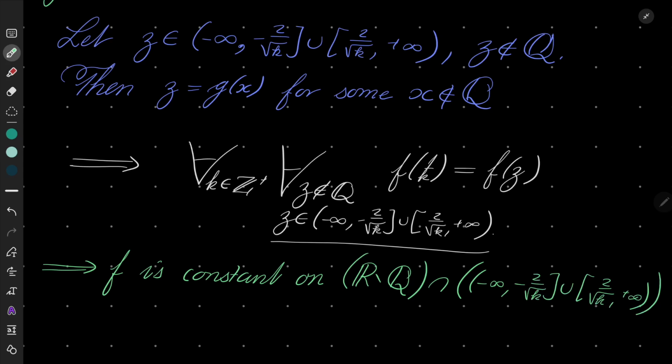And these intervals, if you think about them, are getting closer and closer to 0. This end gets closer to 0 from the left hand side, and this end also gets closer and closer to 0.